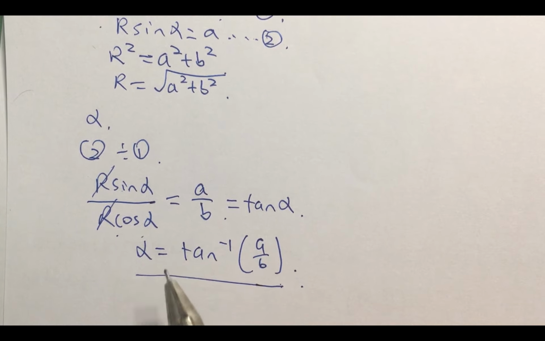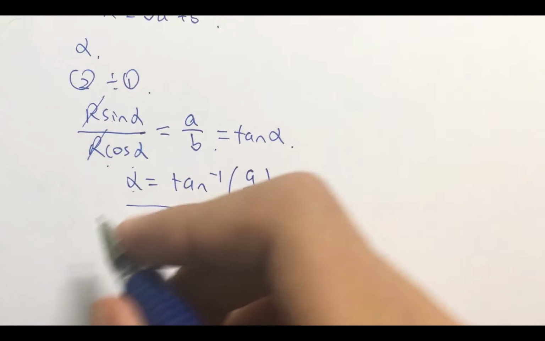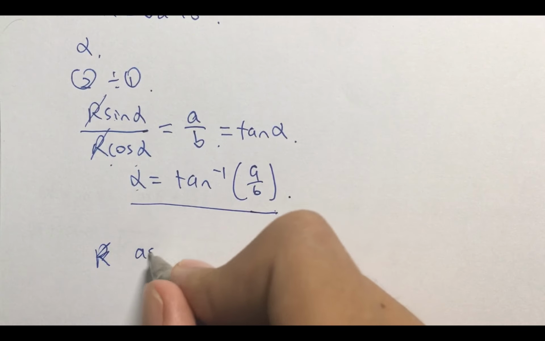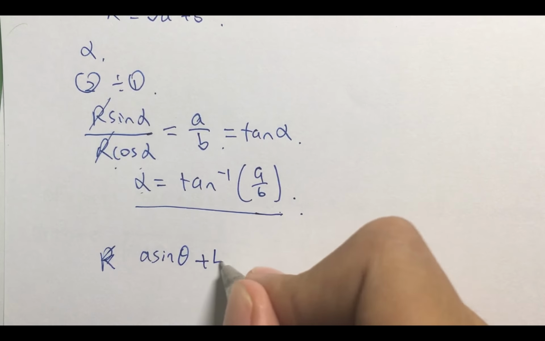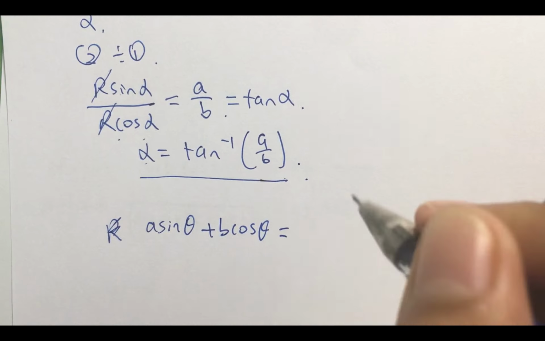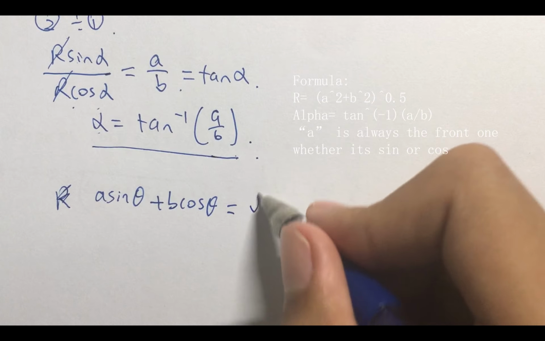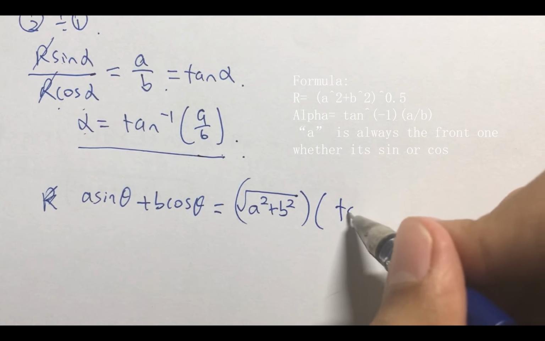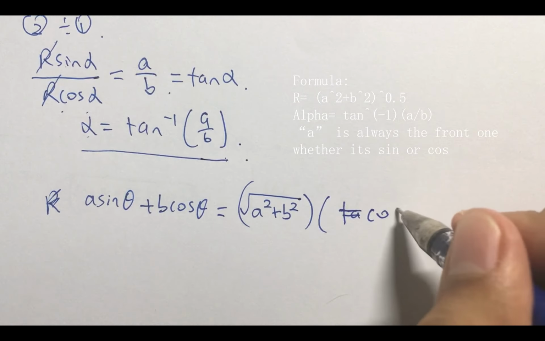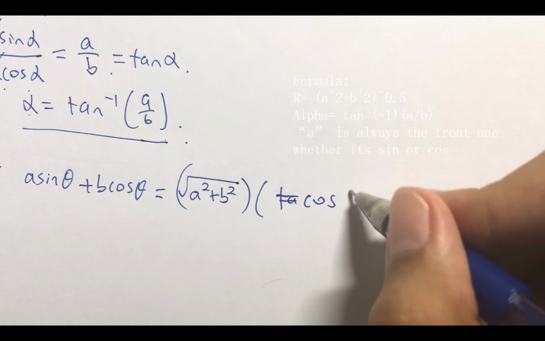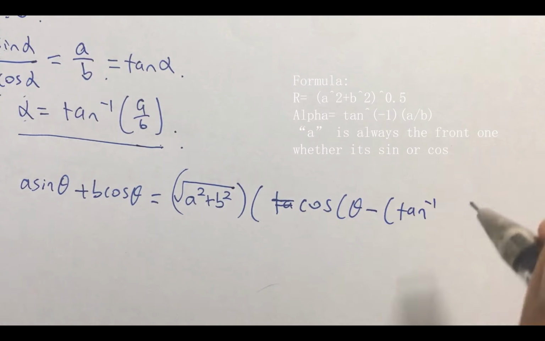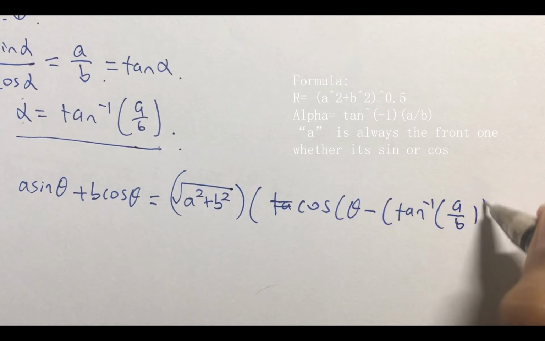So for this we can get that a sine theta plus b cosine theta is equal to the square root of a squared plus b squared, bracket, cosine, bracket theta minus arctangent a over b.